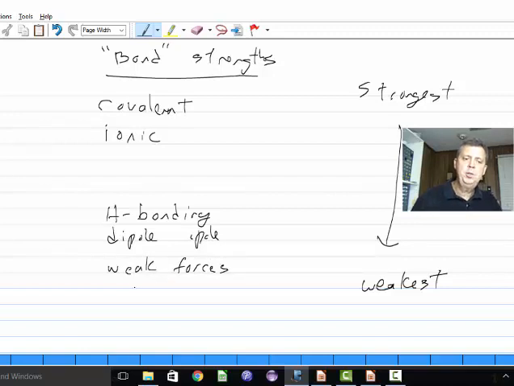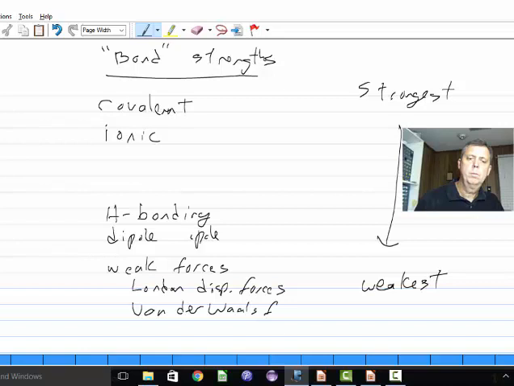I've heard the same terms used interchangeably: London dispersion forces, or sometimes van der Waals, or just weak forces. Those all mean the same thing, basically.